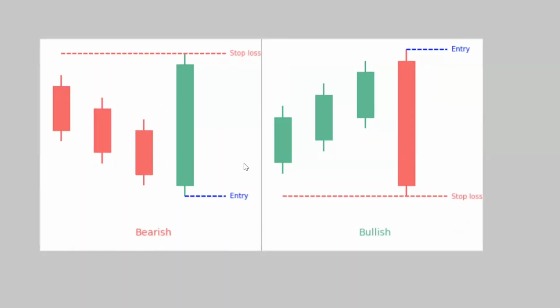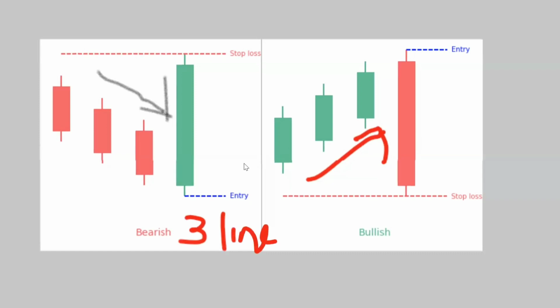Yeah, so up next, guys, I'll be talking about the 3 line strike. The 3 line strikes are basically back to back bearish candles or bullish candles, just like this, and like this. So this is basically a bearish 3 line strike, and this is a bullish 3 line strike.